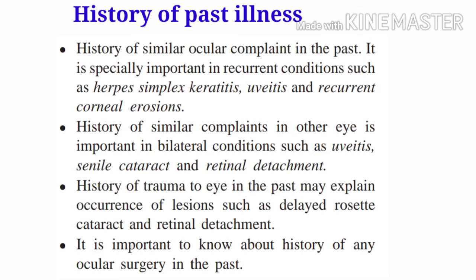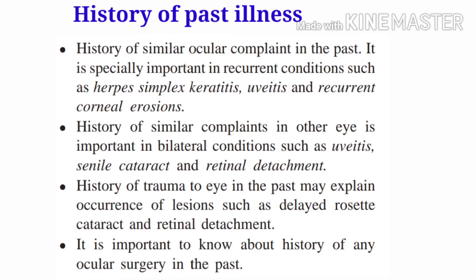History of similar complaint in the other eye is important in bilateral conditions such as uveitis, senile cataract, and retinal detachment. History of trauma to the eye in the past may explain the occurrence of lesions such as Rosette cataract and retinal detachment.